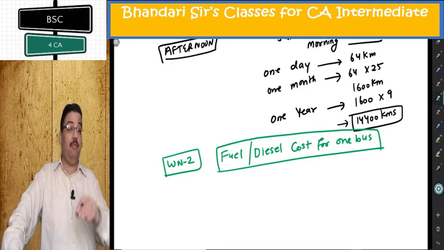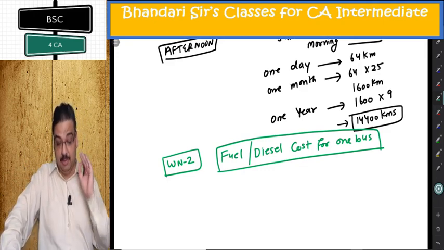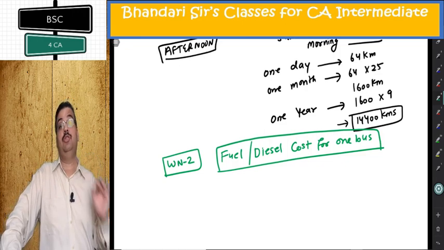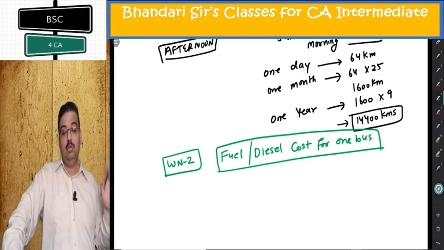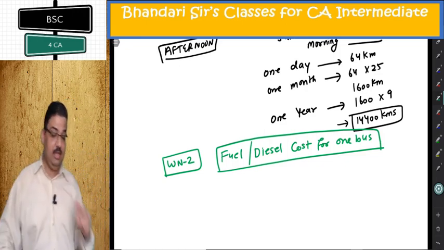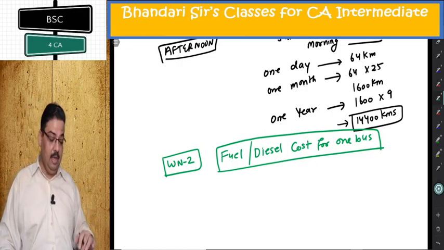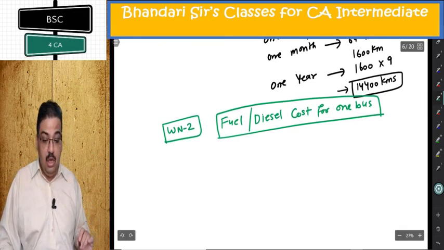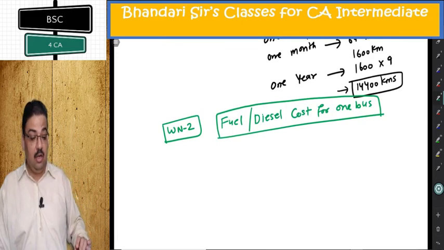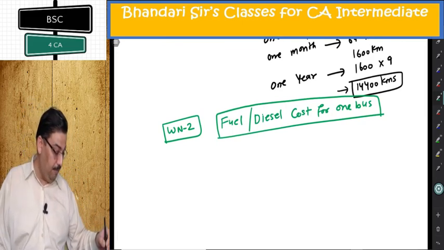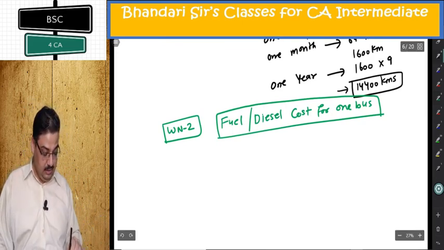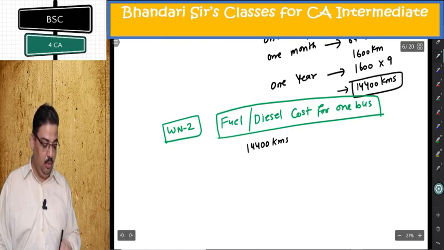That is the requirement of the question. In the A part, the first part, he has specifically said that for a fleet of 5 buses, you have to make the computation annual. So I will do that, but my base is one bus. For one bus, I am analyzing further. Now, diesel cost is given as 45 per liter. I need to compute liters. 14,400 kilometers annual.